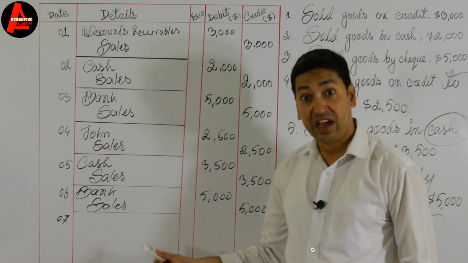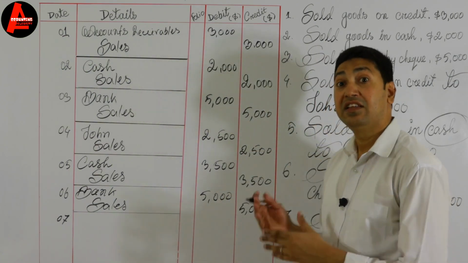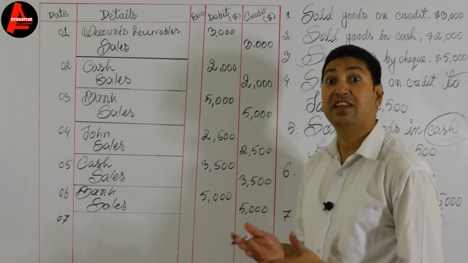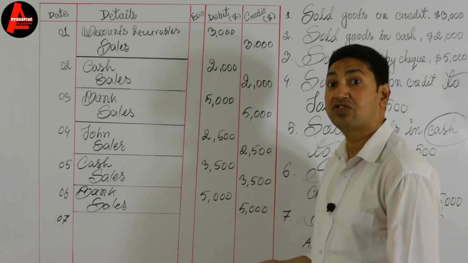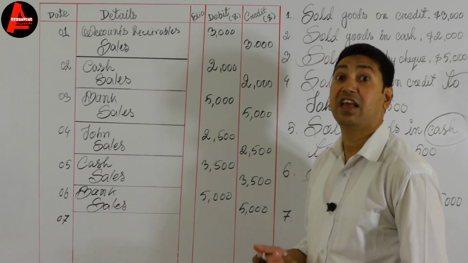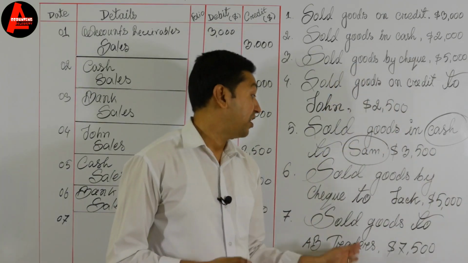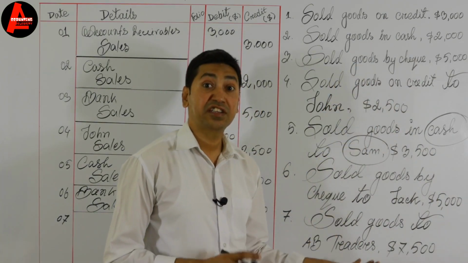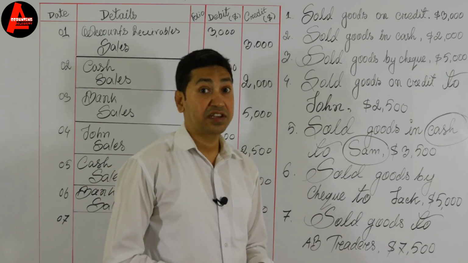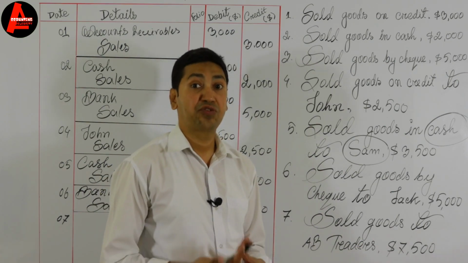You need to write a narrative to clarify whether this transaction is considered a cash transaction or a credit transaction. As neither cash nor check is mentioned, we can consider this transaction a credit transaction.